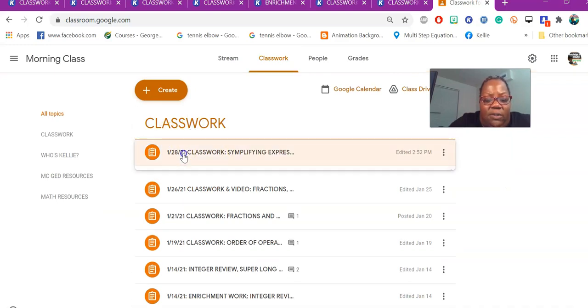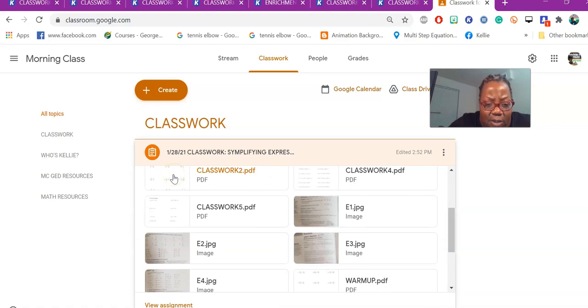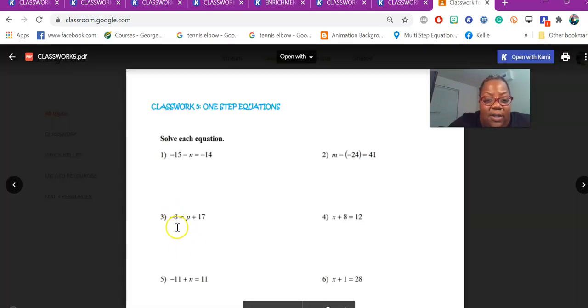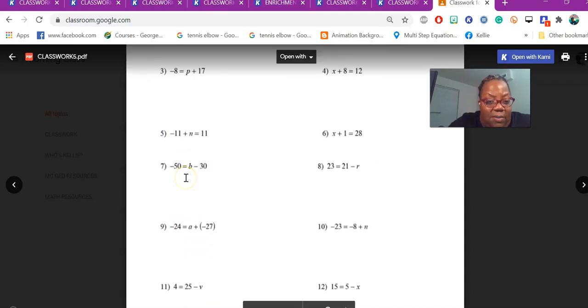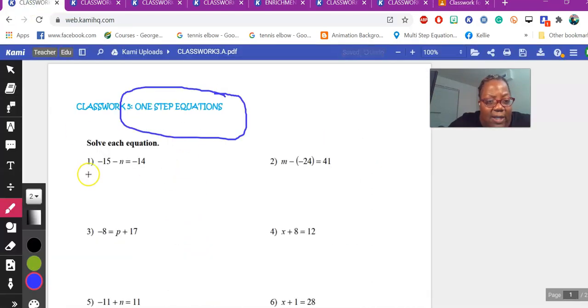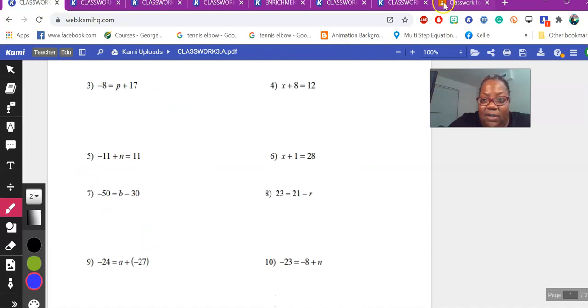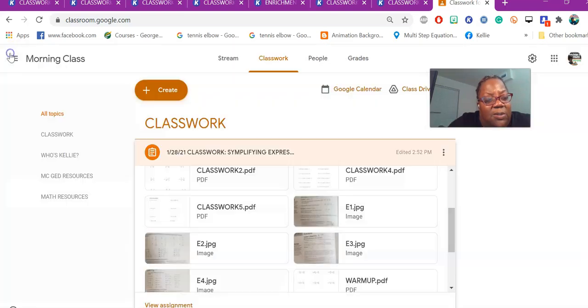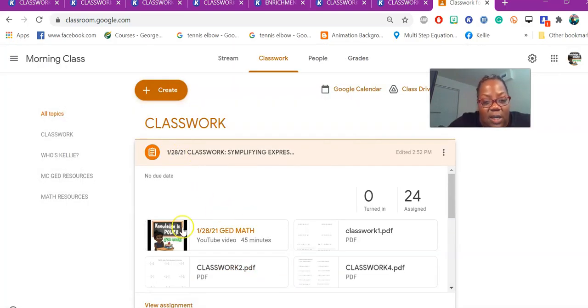When you get here, the work I'm posting today is going to already be there. So if we have the one-step equations, which this might be, it's already here. See these same type of problems that I'm bringing back to you in class, right? Take a look at there, take a look at here. They're the same problems. So this means there's a video already done. So if you go back to the classwork on the 28th, you'll find a video.